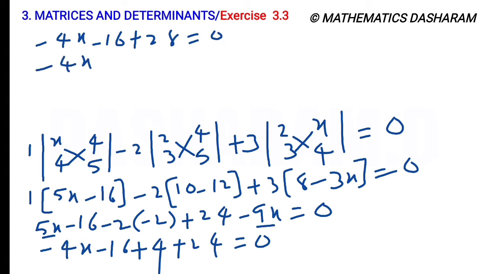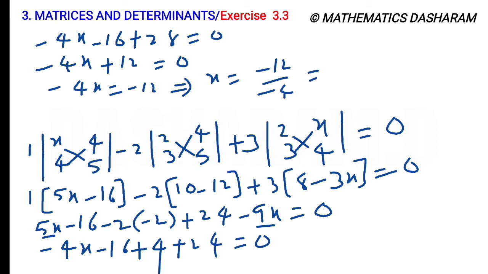Minus 4x minus 16 plus 28 is plus 12, it is equal to 0. So then minus 4x equals minus 12, so it implies x equals minus 12 by minus 4. Then minus minus cancel, 4 3s are 12, so the x value is 3.